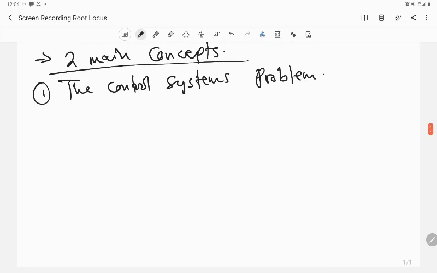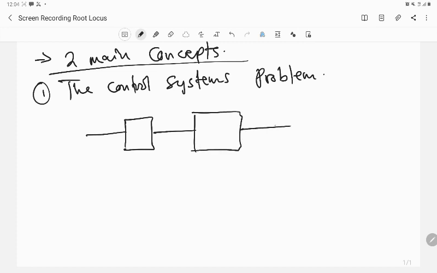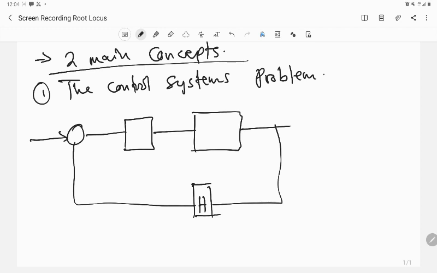I've already touched on this when I drew the system above. So let's say you have this system.